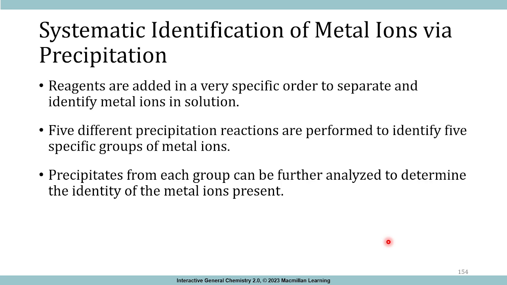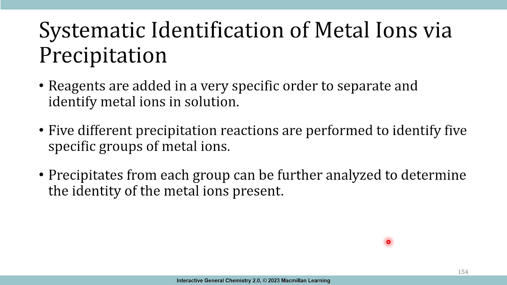All right, so let's look at the systematic identification of metal ions. We can do this via precipitation using these rules that we've just talked about. So what we'll do is we'll have a mixed system of different metal ions. Reagents will then be added via specific orders to separate and identify metal ions in the solution. 5 different precipitation reactions are performed to identify 5 specific groups of metal ions.